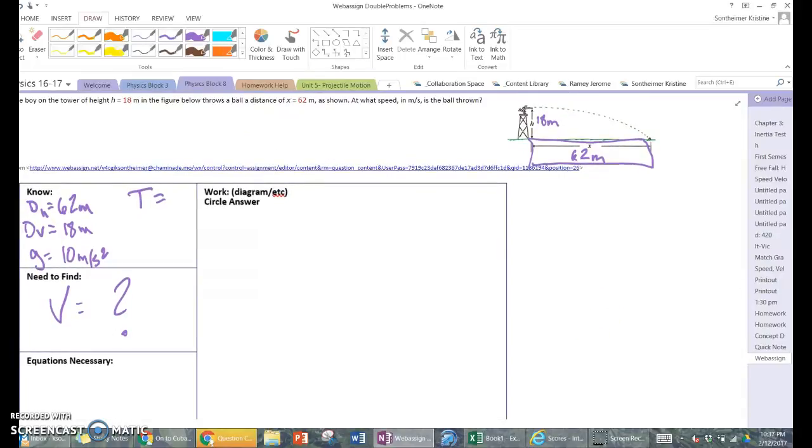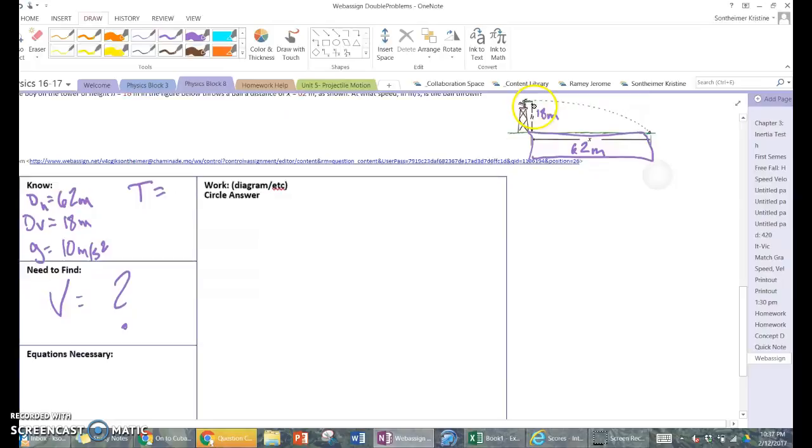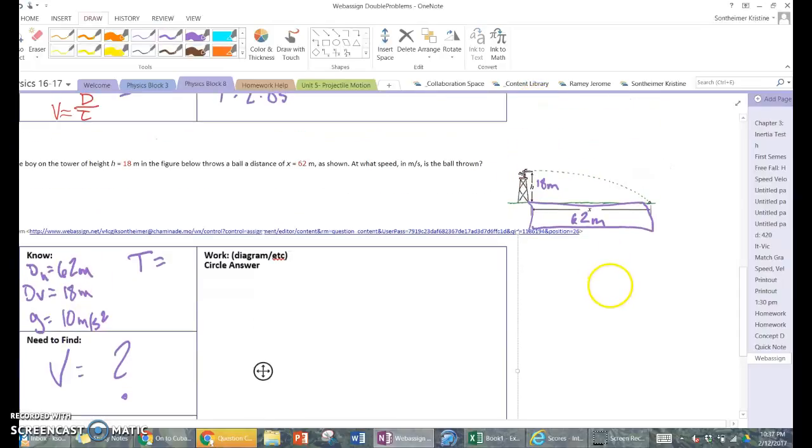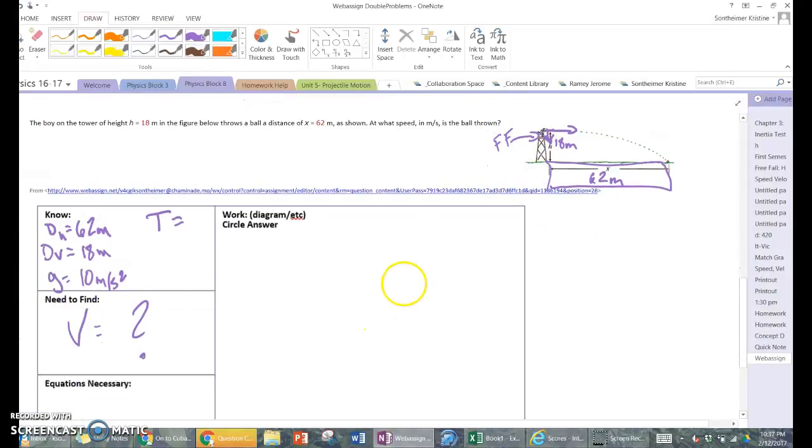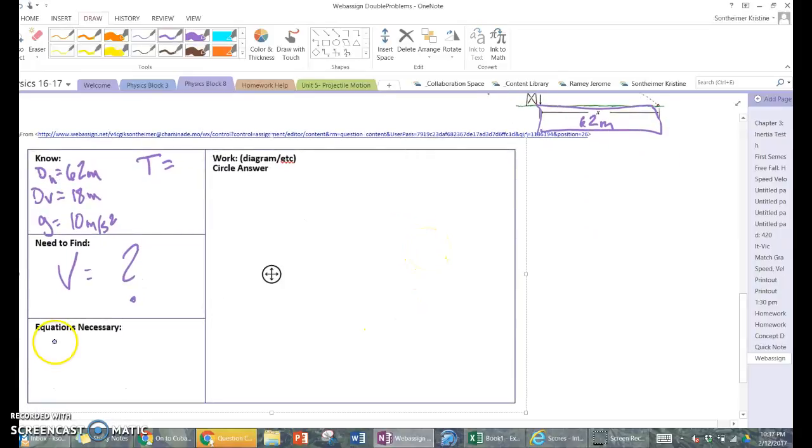When you divide this motion into horizontal and vertical components, you have this, which is constant, and this, which is free fall. Okay? So, let's pay attention to this. Equations, time.